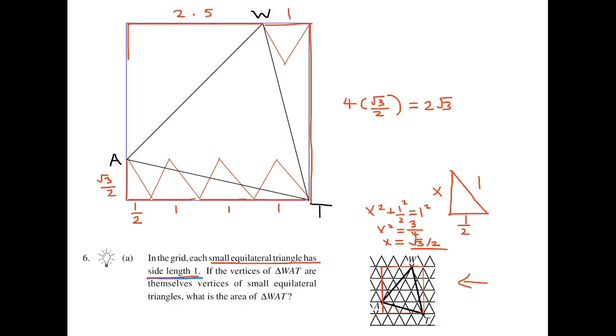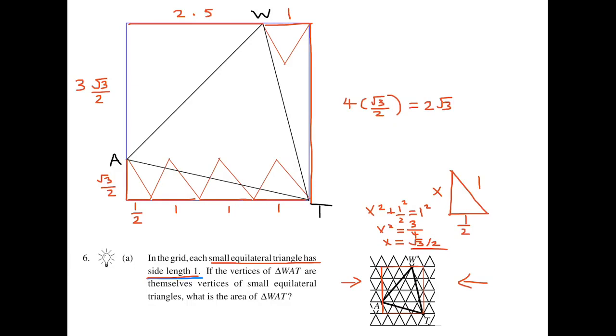And finally, this side in here, we can label it as just 3 times root 3 over 2. Because if you look at this triangle very carefully over here, you'll see that from A all the way up to the top, it's 3 of those equilateral triangles. All right, so I hope you understood how I labeled this.